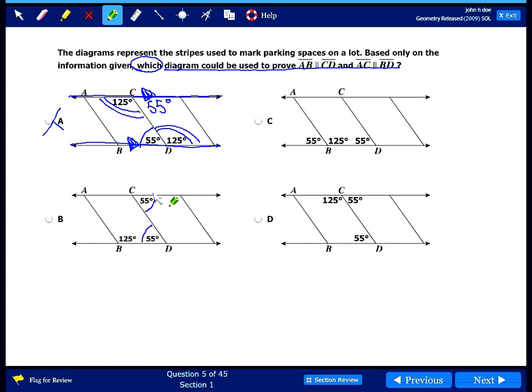These are alternate interior angles that are congruent. So that tells us that we have line AC and line BD are parallel. We also have consecutive interior angles there. So that's enough information to tell us line AB is parallel to line CD. So B is going to be the correct answer.